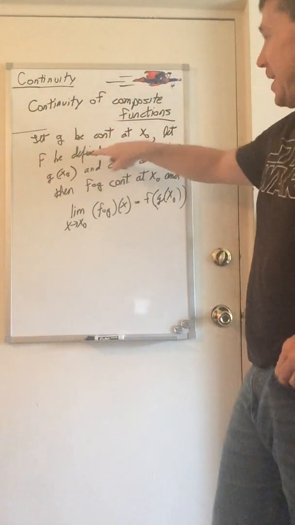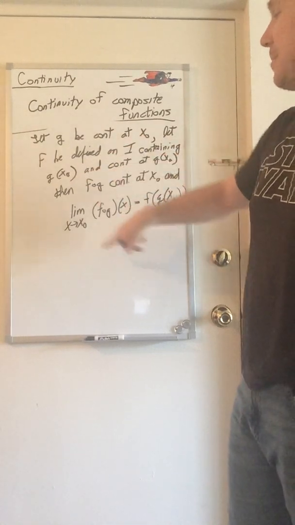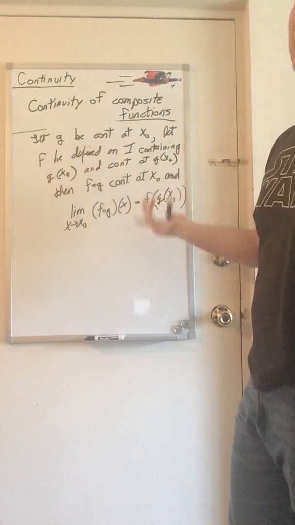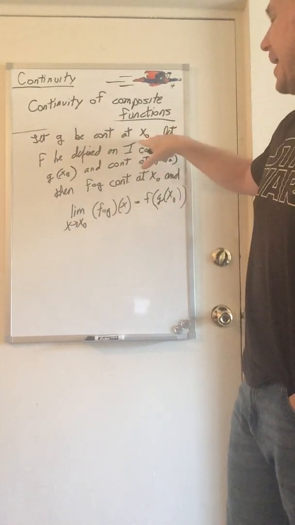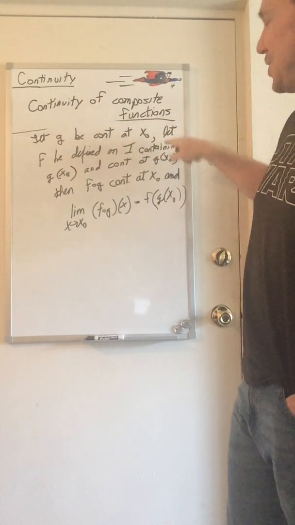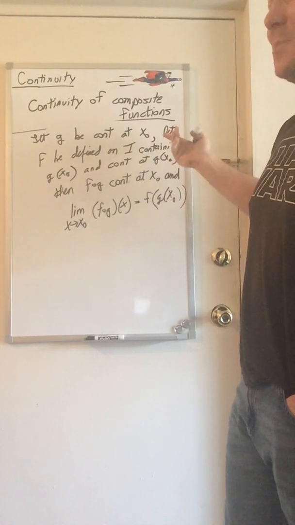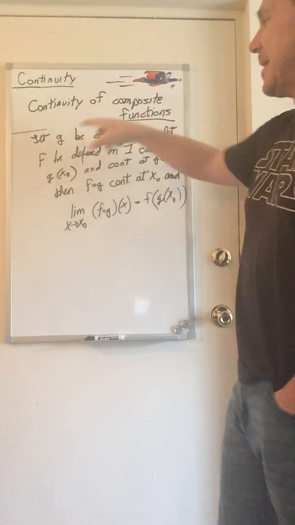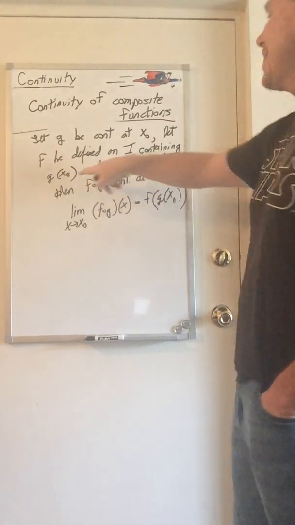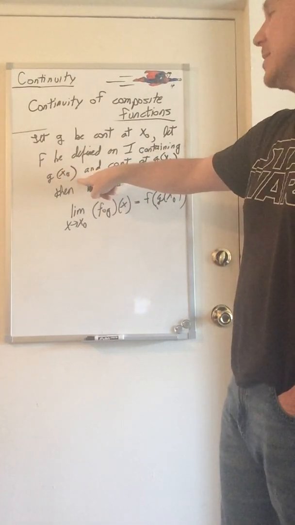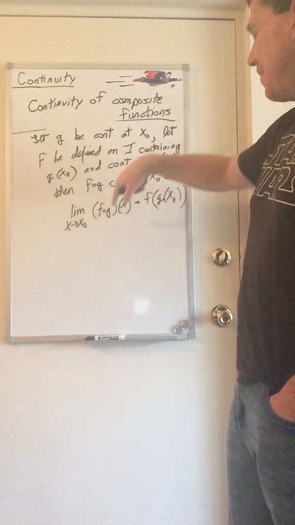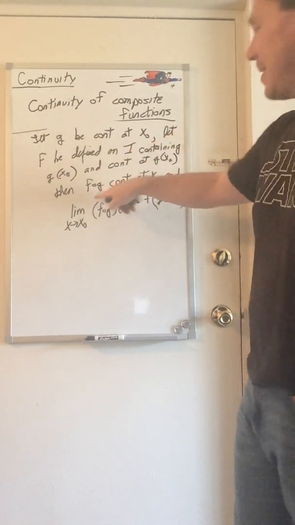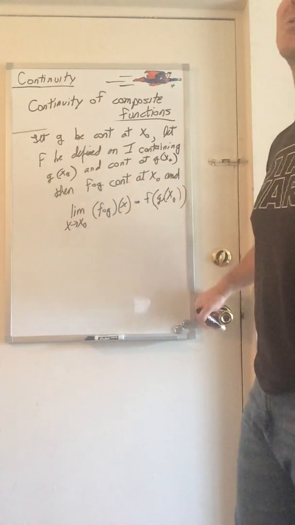So we have a function g, continuous at a point x sub 0. Keep in mind, from our composition perspective, even though g is after f in the alphabet, g is actually where we start here. We pick x sub 0, we apply g to it, which gives me a y value, and then f is defined at that point and around that point. This g of x sub 0 is y. If that is true, then we'll get continuity, and this will be true.